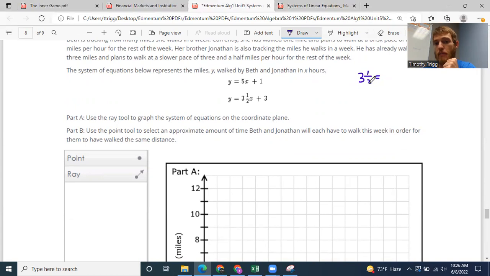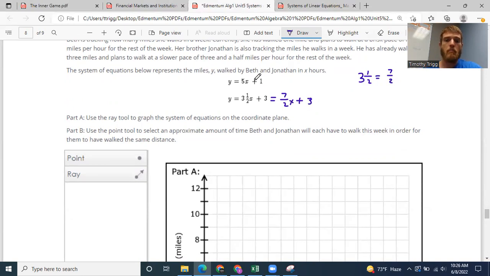So 3 times 2 is 6, add 1, so that's 7/2. So 7/2 is the same as 3.5. I'm going to think of this equation as 7/2 x plus 3. So our slope is 7/2 and our y-intercept is 3.